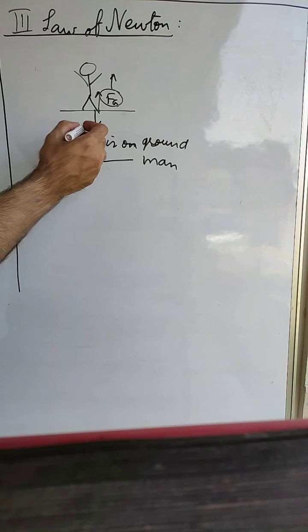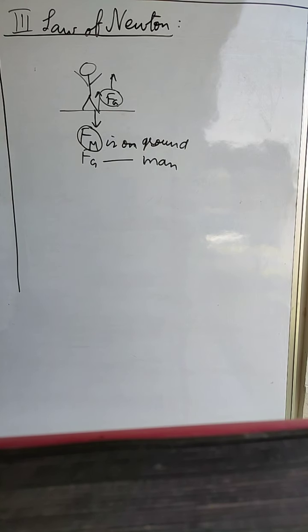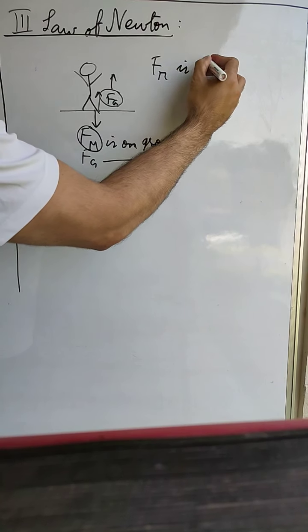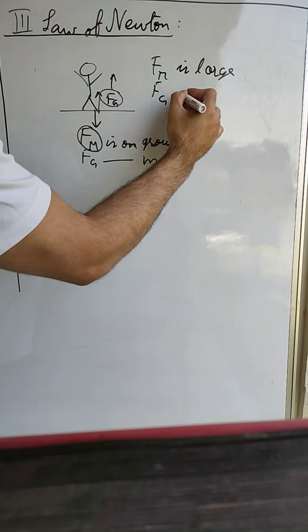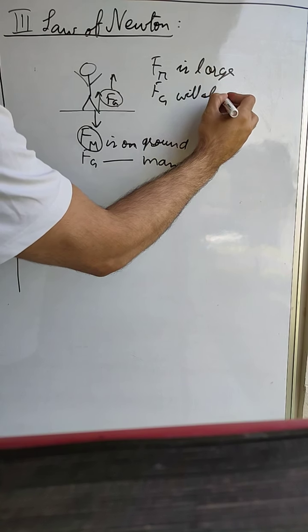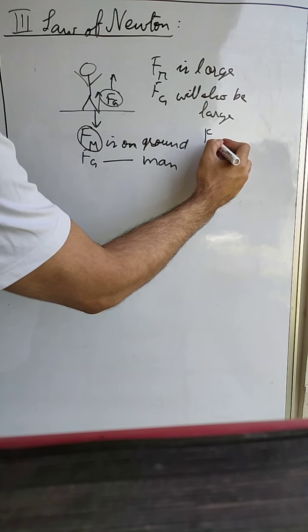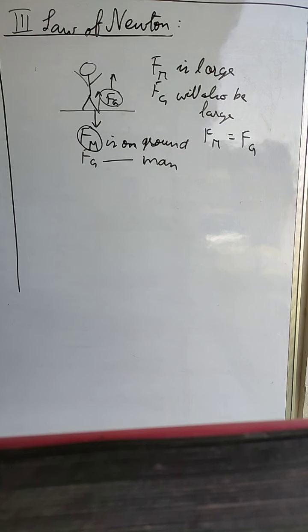Now, whatever the value of Fm is, if Fm is large, then Fg will also be large. Why? Because remember, Fm will always be equal to Fg because of the third law of Newton. So it is because of Fg that we are able to jump and not because of Fm. Okay.